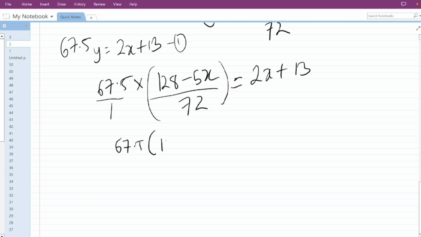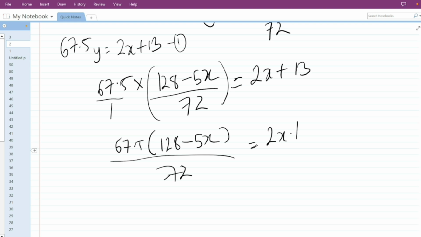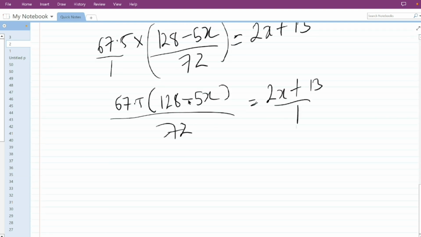Then we have 67.5 into open bracket 128 minus 5x over 72, and on the other side you have 1 times 2x plus 13. You can make this over 1 and cross multiply. You have this times 1 and this times this.